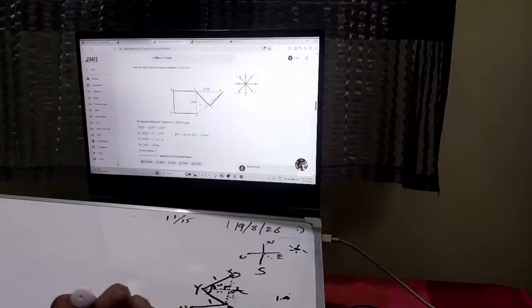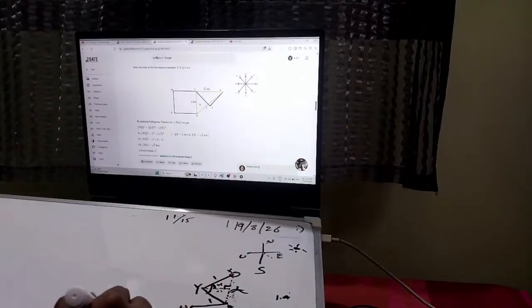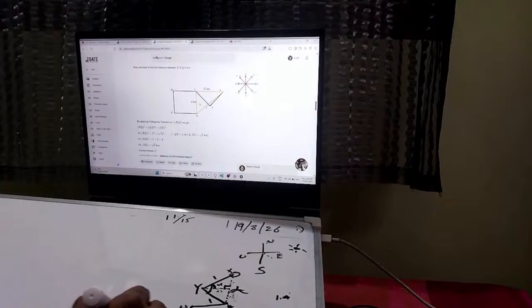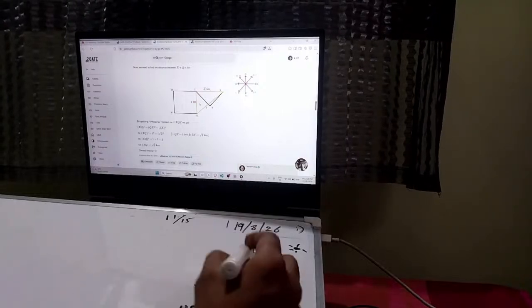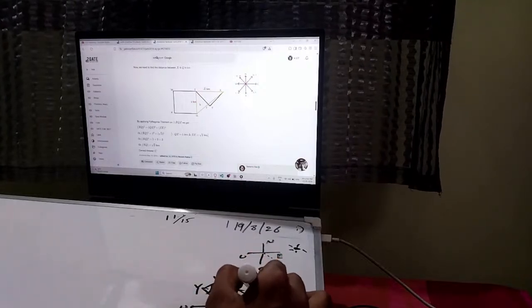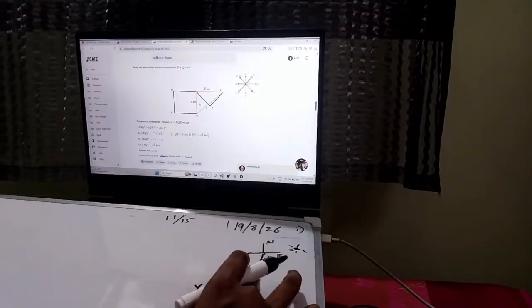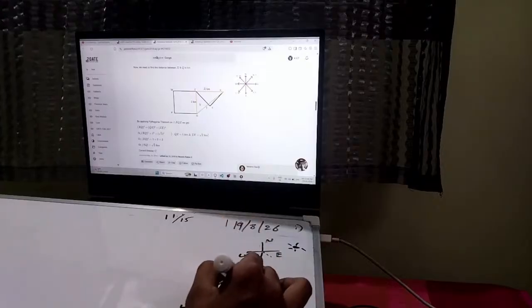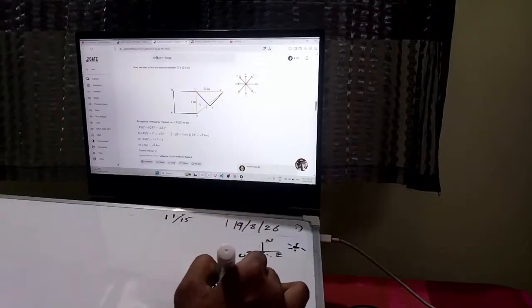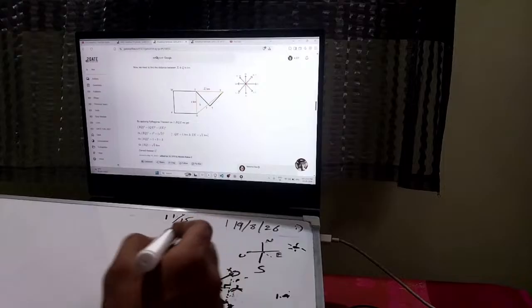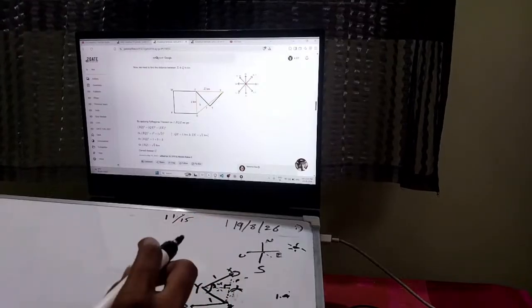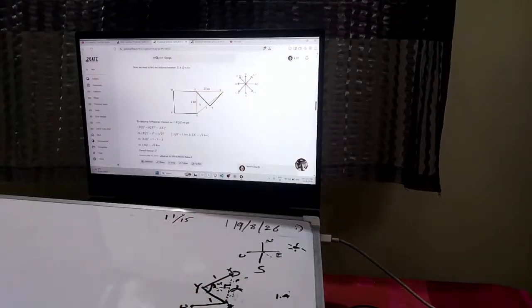by adjacent, cos 45 is 1 by root 2, equal to opposite by adjacent. If we consider this as x, let's call this something, that thing will be p, so it will be p by p.